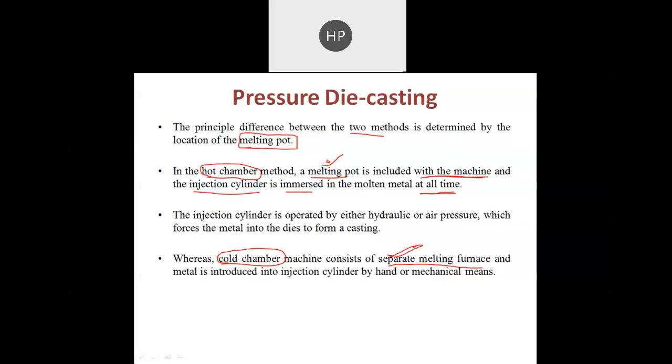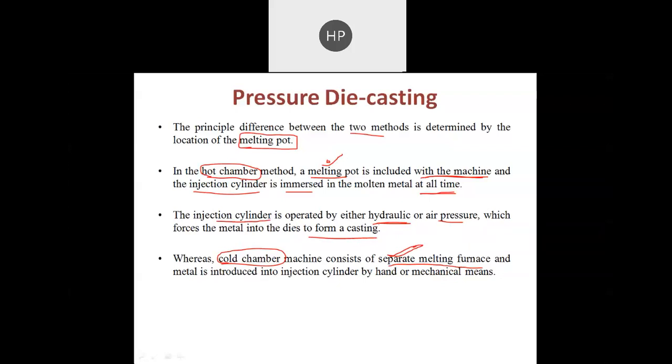The injection cylinder is operated either by hydraulic or air pressure, which forces the molten metal into the die to form a casting. So that is how the force is generated, by using the injection cylinder, operated by either hydraulic or air pressure.